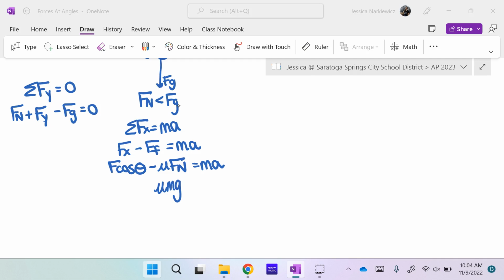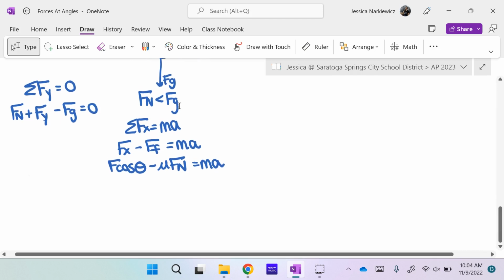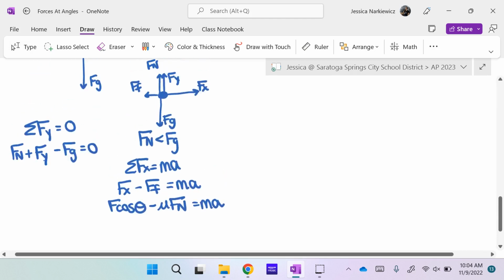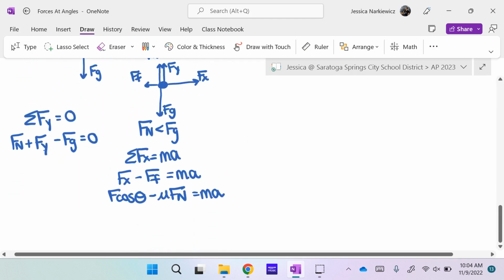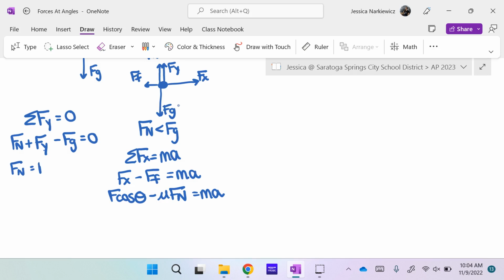That's not going to be the case because, like we just talked about, oh no, this is not erasing. There we go. Okay. Like we just talked about, my normal force is less than the force of gravity. So my normal force does not simply get plugged in as mg. Instead, my normal force is going to get plugged in as Fg minus Fy.